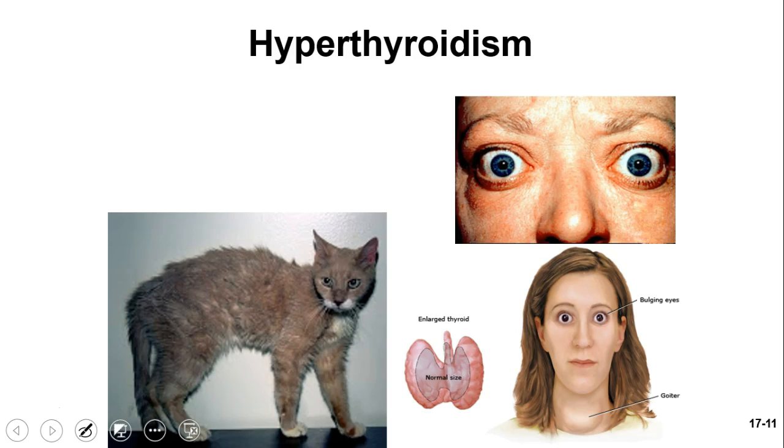So your thyroid gland thinks that the hypothalamus and the anterior pituitary are saying, make thyroid hormone. Whereas what it really is is antibodies binding to the receptors and triggering that response from the thyroid gland.